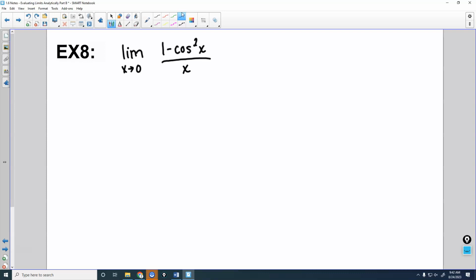One minus cosine squared. It is a thing. It is sine squared, right? Because we know sine squared theta plus cosine squared theta equals 1. So if we subtract that cosine squared, we know that sine squared theta equals 1 minus cosine squared theta.